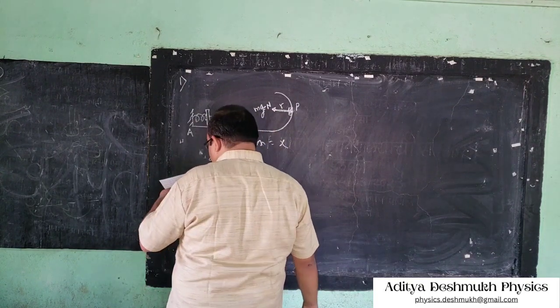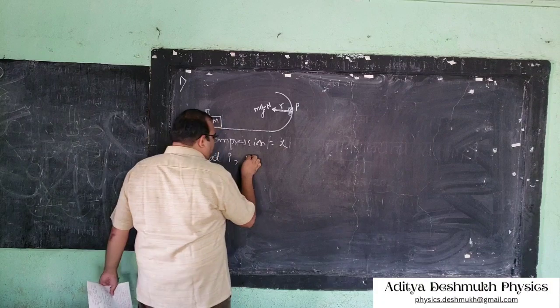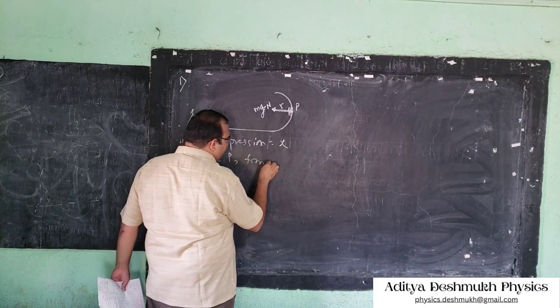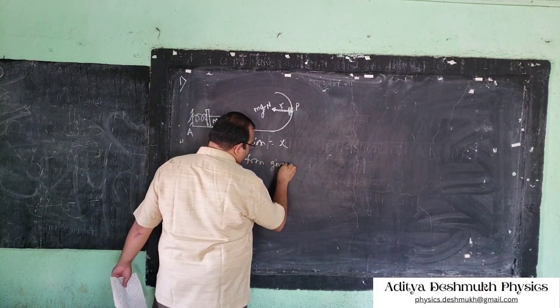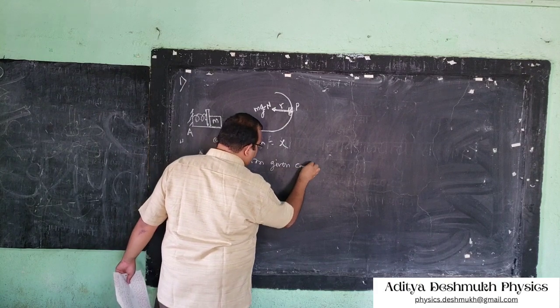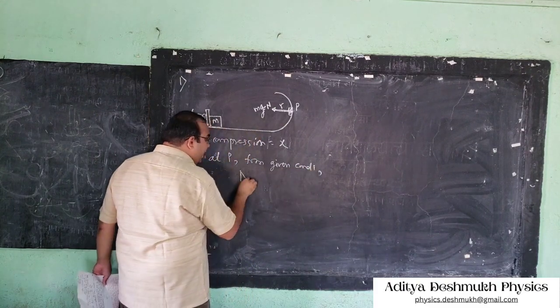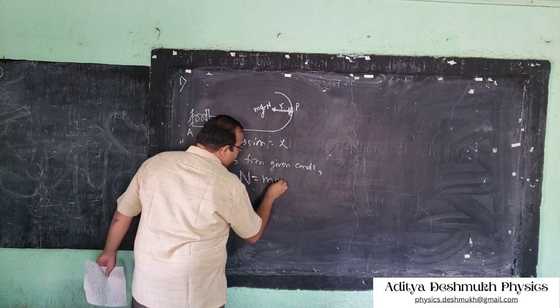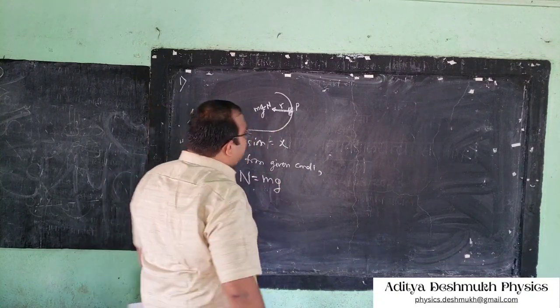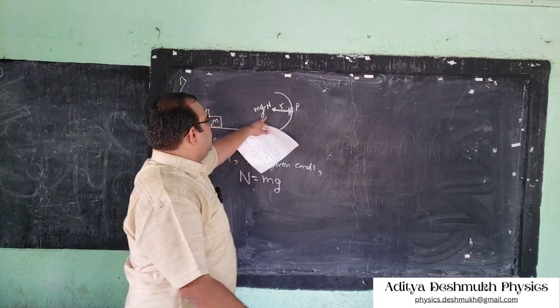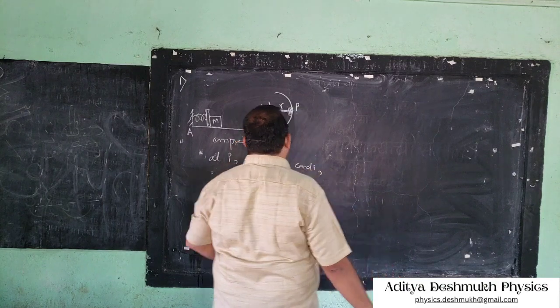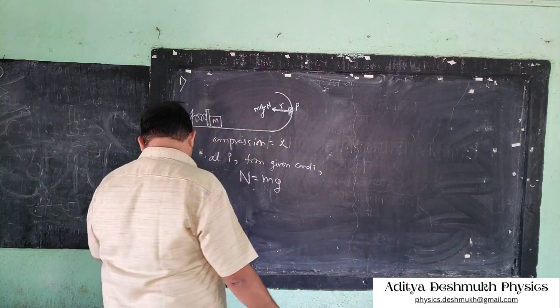So at point P, from the given condition, my N will be mg, and this N is acting as the centripetal force. See, it is along the radius and towards the center.